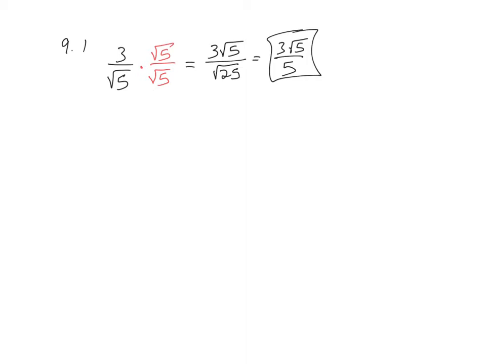Now you could have, let me look at your assignment here. All right, so looks like you just have one of them like this. So let's say we had square root of 7 over the square root of 20.